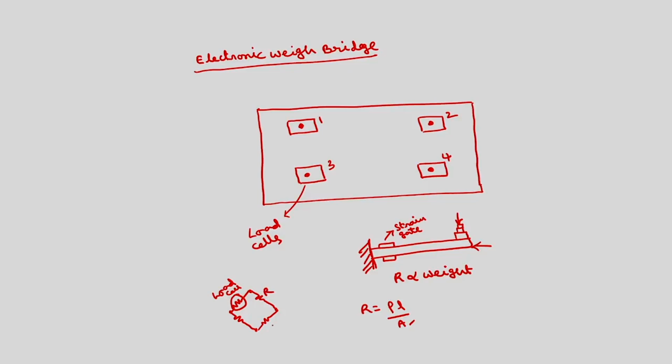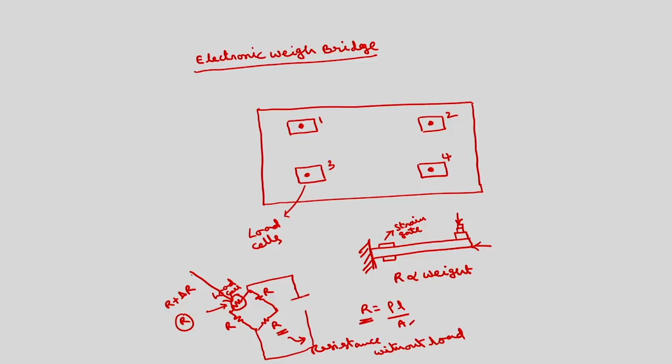I will set the other 3 arms to R. This resistance is equal to the resistance without load. This R is equal to the resistance without load. So, this also will be R initially, without load application. If I apply the load here, this becomes R plus delta R. So, when this is also R, this bridge will be balanced if I connect these 2 points to some voltage.